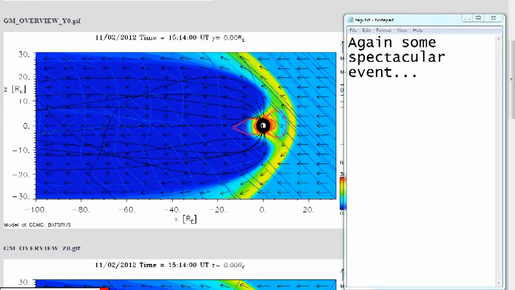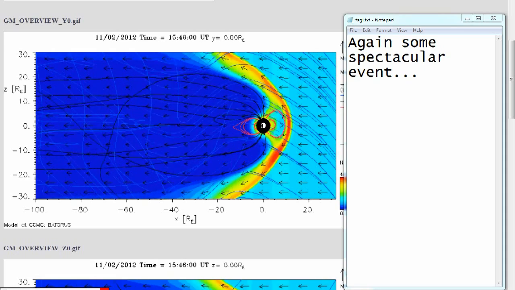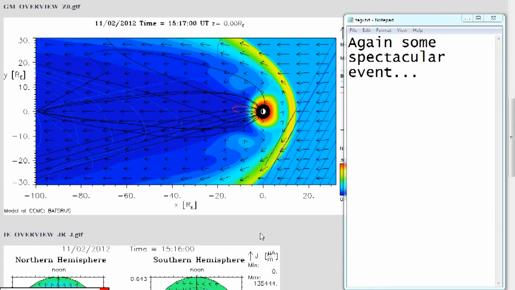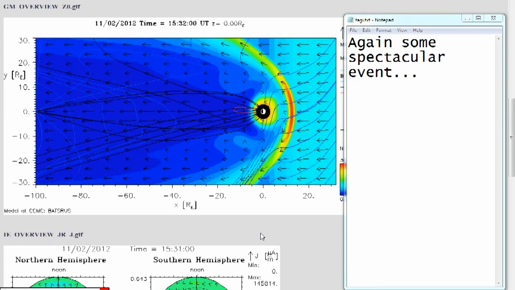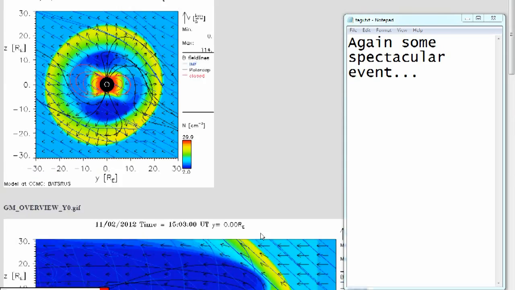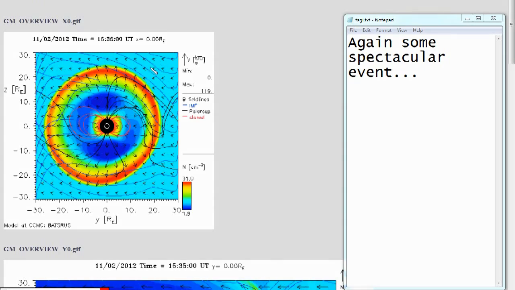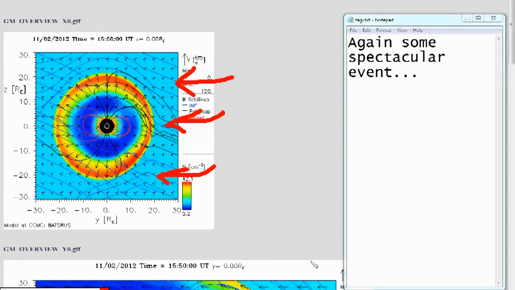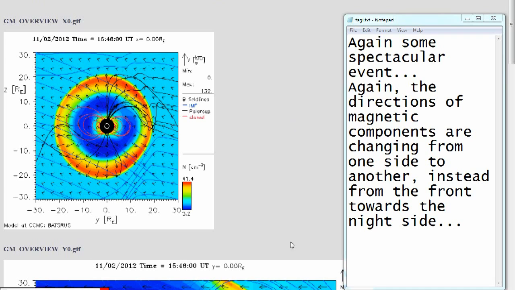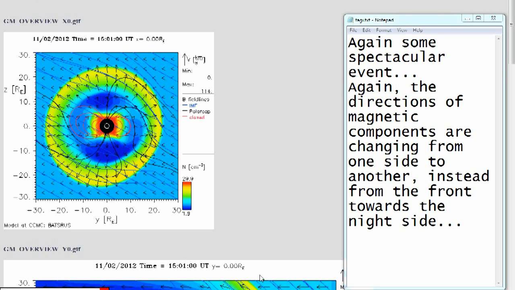Again, some spectacular event. Again, the directions of magnetic components are changing from one side to another, instead from the front towards the night side.